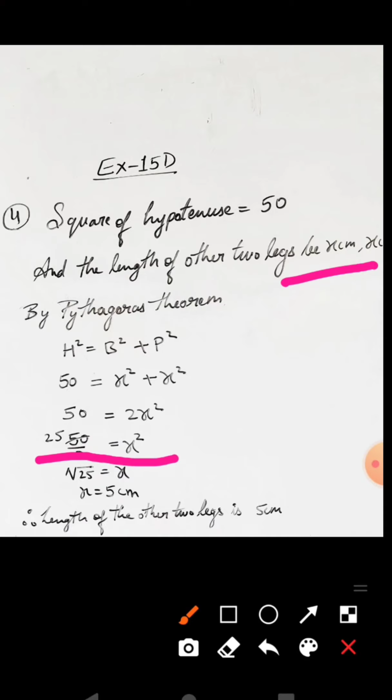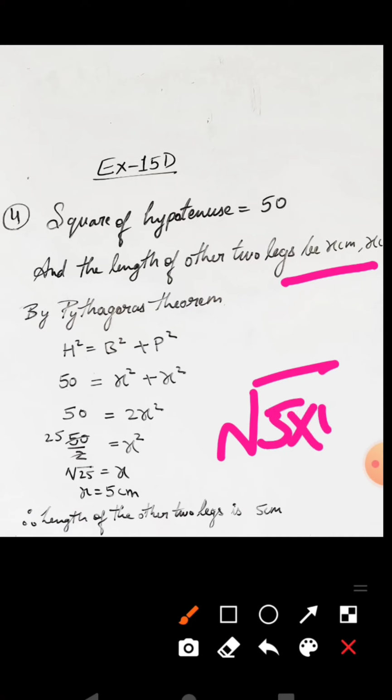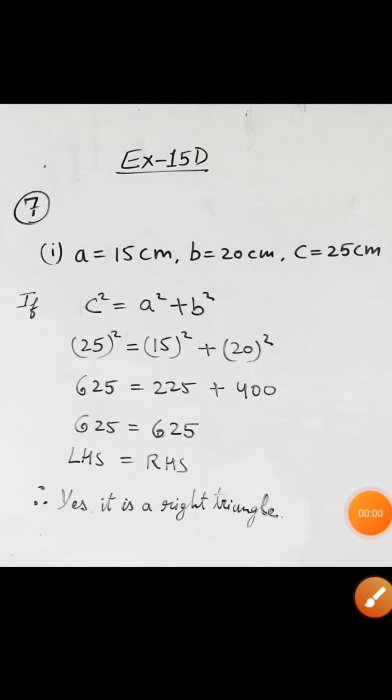Now we will remove the square from x, and it will come as square root 25 on the left hand side. Square root 25, we know that 25 is the square of 5, means 5 into 5 is 25. We have a pair of 5, so this pair can come out from this square root, and it will come out as a single 5.